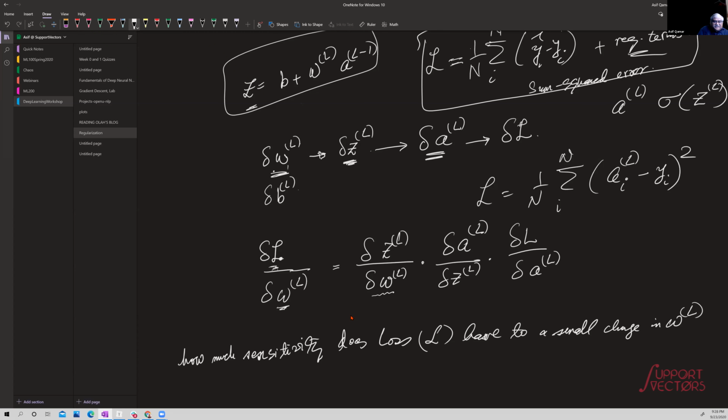Suppose I make a small change, it will lead to a change in Z. So Z will be sensitive to W, and A will respond to the changes of Z, and then L will respond to the changes in A, right? So the staggered effect is, if you could compute these sensitivities, you pretty much know how sensitive the loss is with respect to this weight.